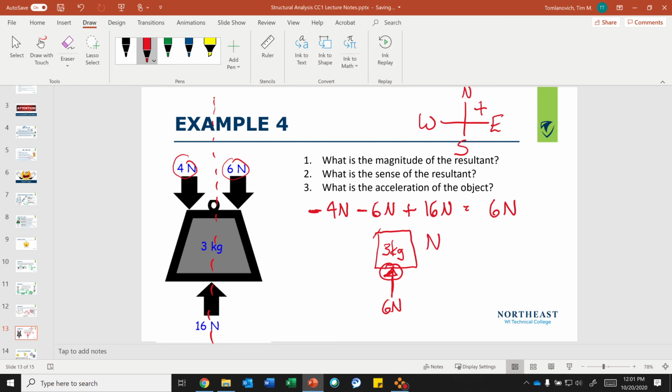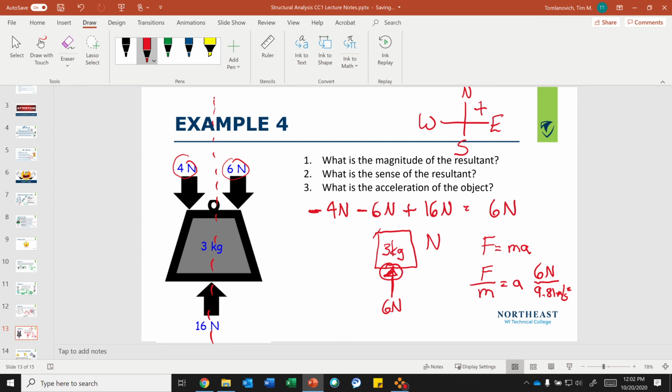And then what is the acceleration of the object? That's number 3. Force equals mass times acceleration, so force divided by mass equals acceleration. We have 6 newtons divided by 9.81 meters per second squared, and if I do my math, 6 divided by 9.81, I get 0.